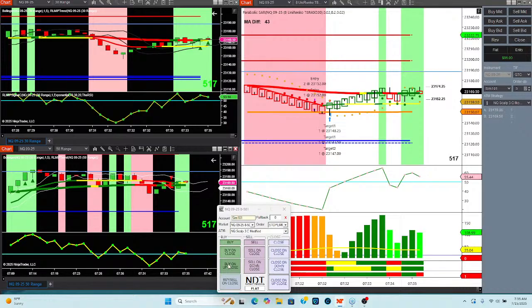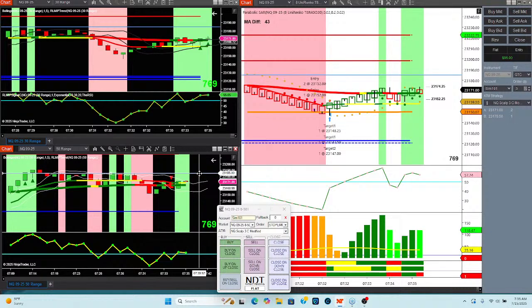Flat 50. Looks like we're trying to go up here. We're still kind of dealing with a channel still. There's a lot of resistance right there.